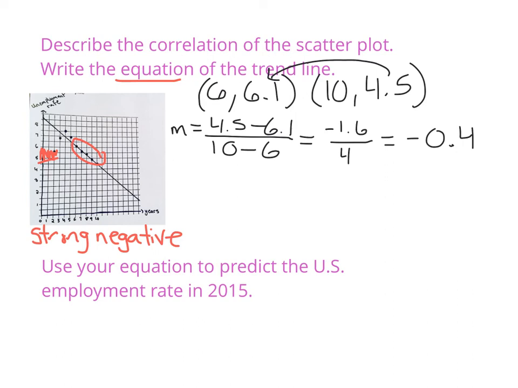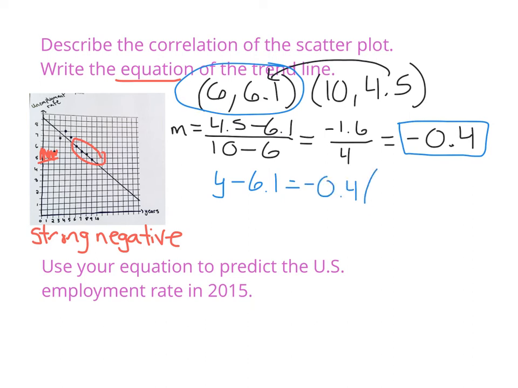So now I'm going to pick one of my points. I'll just pick the first one and use that first point and my slope and plug it into point slope form. So y minus 6.1 equals negative 0.4 times the quantity x minus 6.